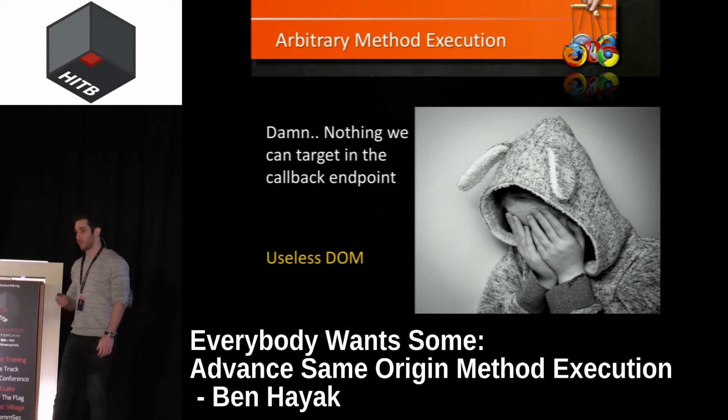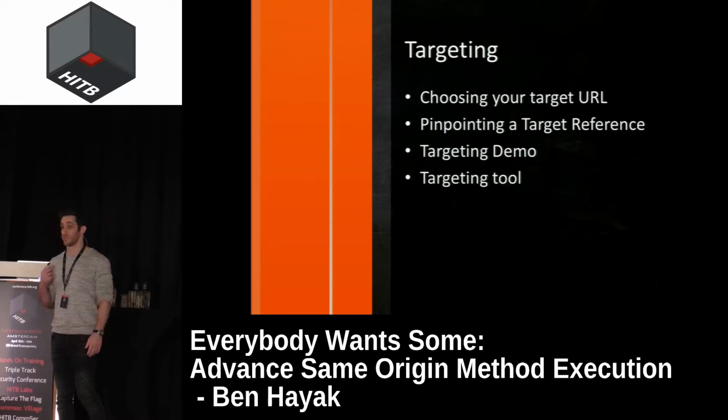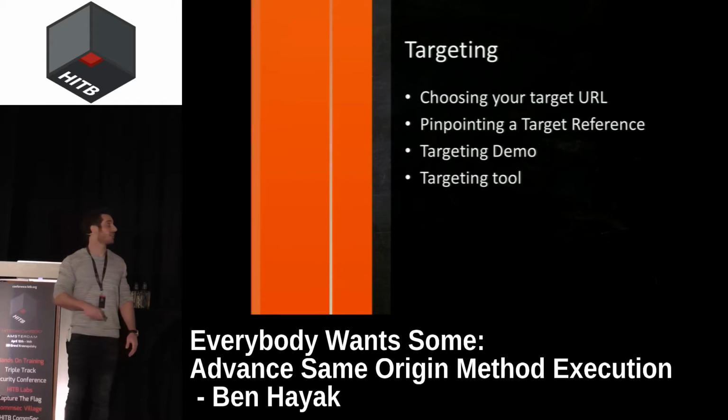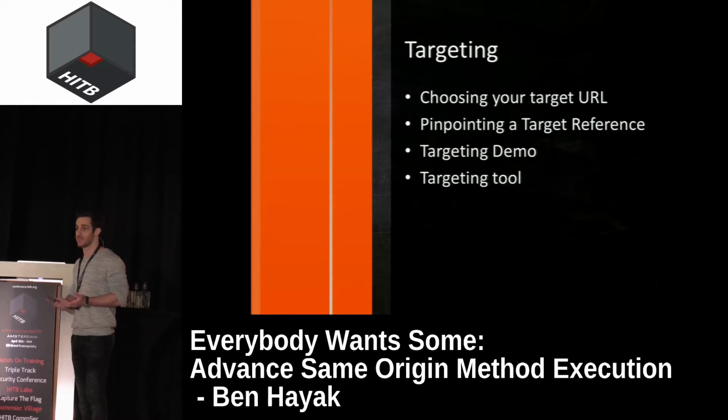So we need to solve it by moving the execution context to the target that we want. Targeting is the most meaningful, and I think it's the hardest part to understand in a SOM attack, but just bear with me. I'm going to explain it really deeply and show you how to target websites.